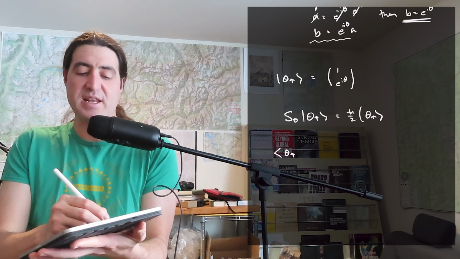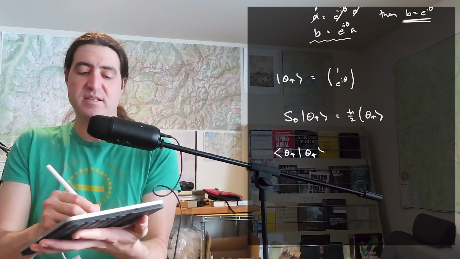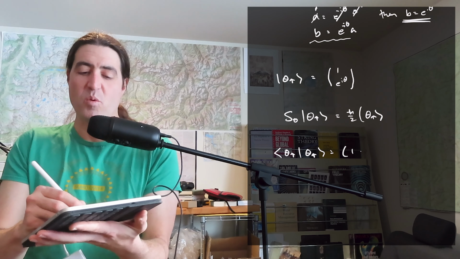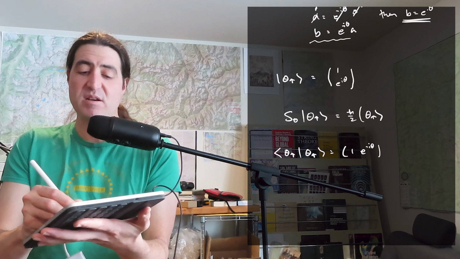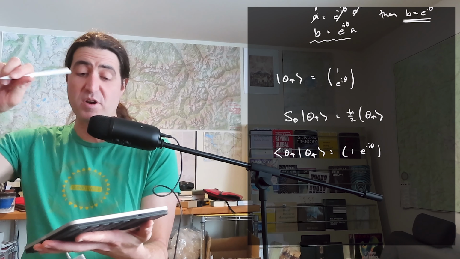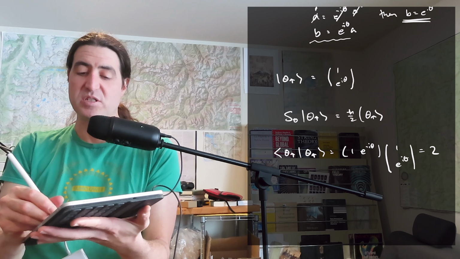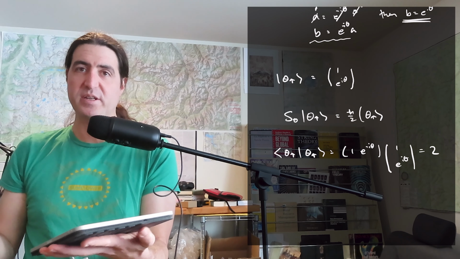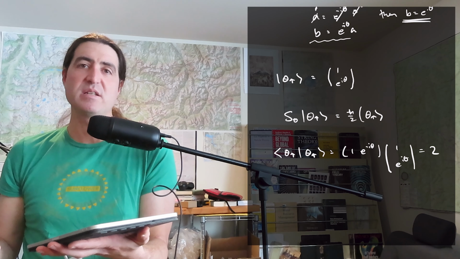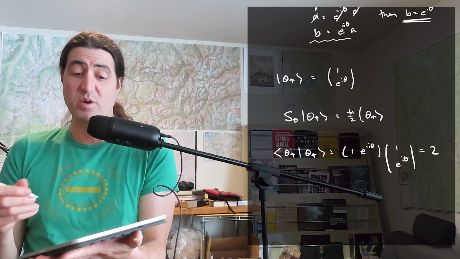And to that end, we just need to compute the bracket of up with up. So this is, remember, 1, e to the minus i theta, because we take complex conjugates for the bra vectors, multiplying by 1, e to the i theta, which is just 2. Hopefully that's quick now. So once again, we need to divide by the normalization factor, 1 over the square root of 2.